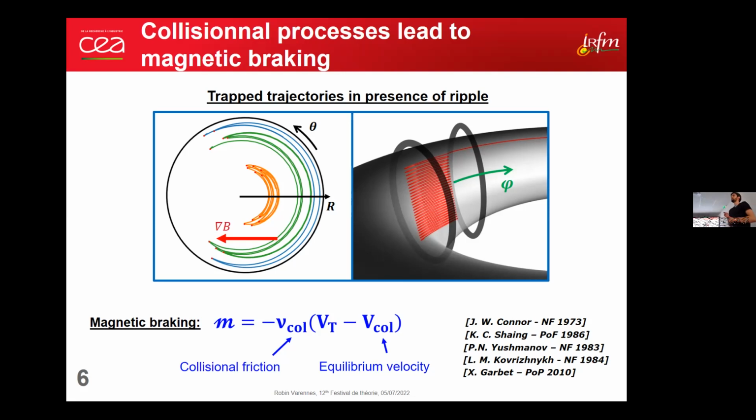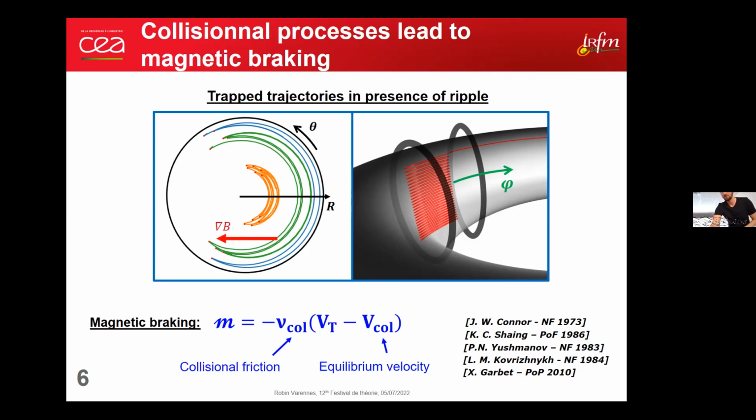And this is a formidable task from the point of view of analytical calculation. By chance, a lot of people already did this, in the 70s or the 80s. They showed that you can express the magnetic braking force with a really simple expression, which is written here. Basically, this force takes the form of a viscous friction that will make the toroidal velocity relax toward an equilibrium value. So that's it for the magnetic braking.